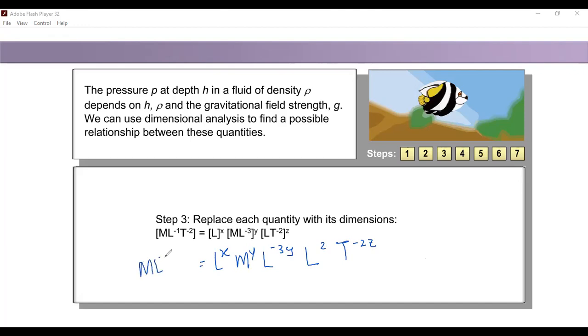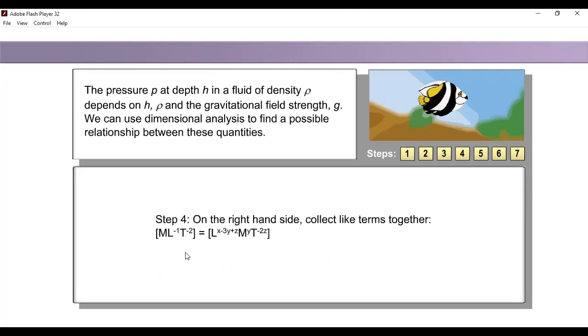Compare with the dimension mL^-1 T^-2. After we rearrange all the quantities, we get L: x minus 3y plus z. So L is equal to x minus 3y plus z. M is equal to y. T is equal to negative 2z.